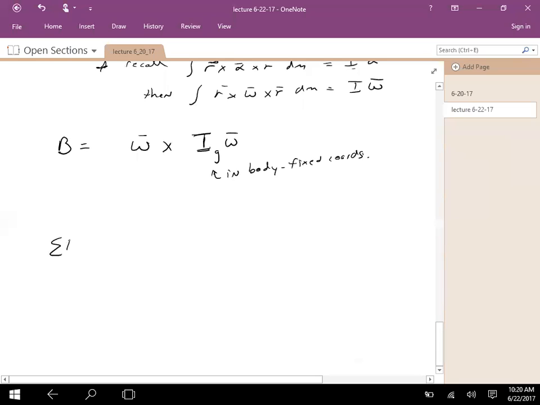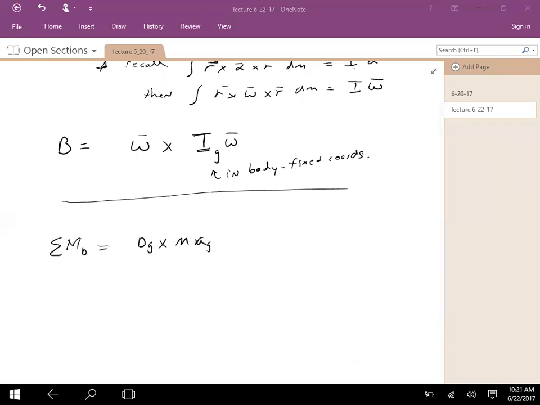So we get the sum of the external moments about G equals, now I'm going to write it down, r_G cross m a_G, that was the first term, plus these other two terms that we just derived: I_G alpha, and I neglected to write the G in there, we'll probably go back up and do that, I_G alpha plus omega cross I_G omega.